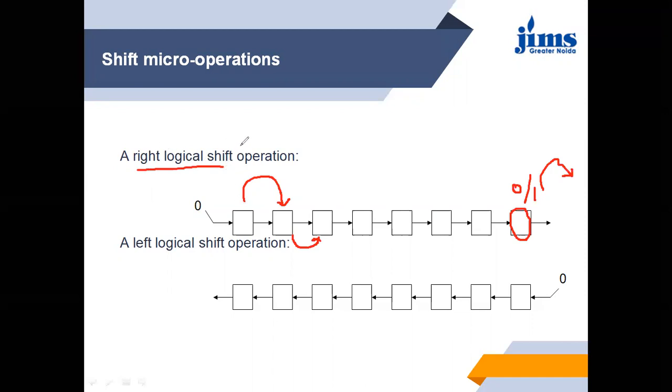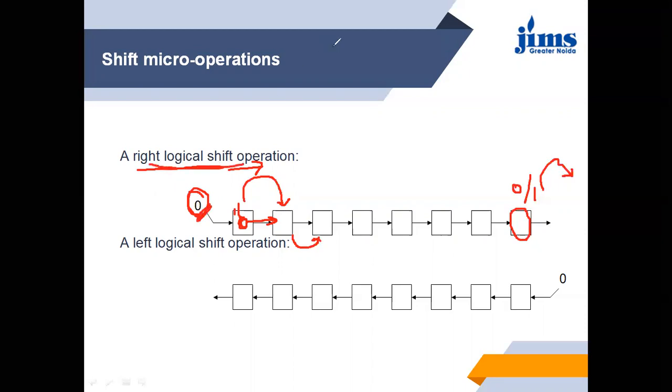In logical shift right or logical shift left, we have to insert the value 0 on the first bit. When we are shifting towards right, the content of this bit is transferred to this bit. So now this bit is empty. We can put either 1 or 0, but when we are inserting a value 0, then this is logical shift.